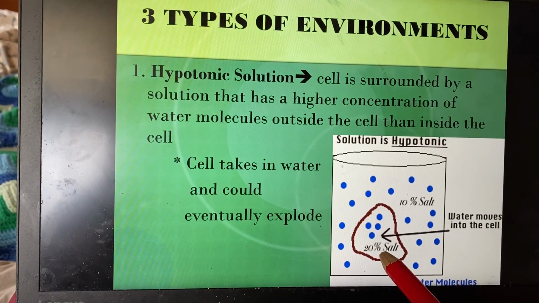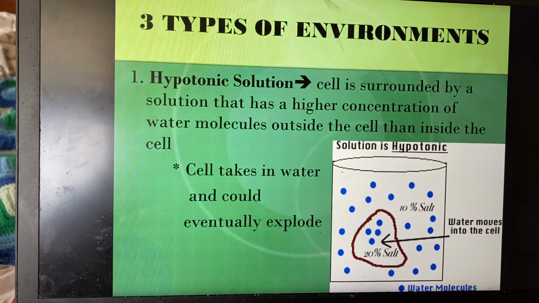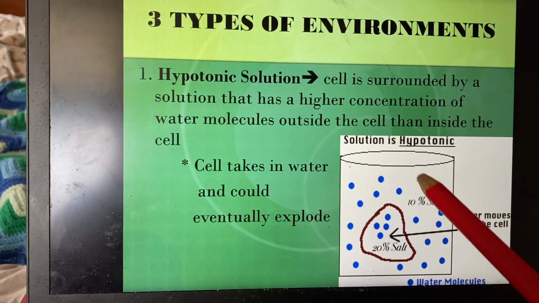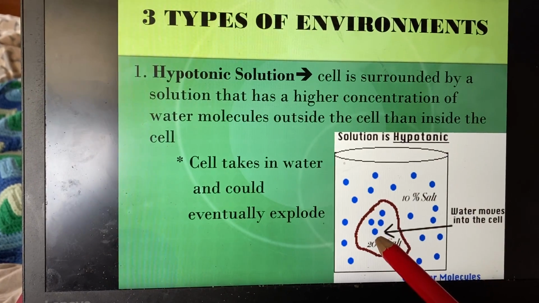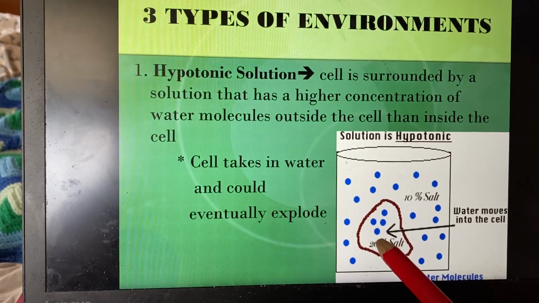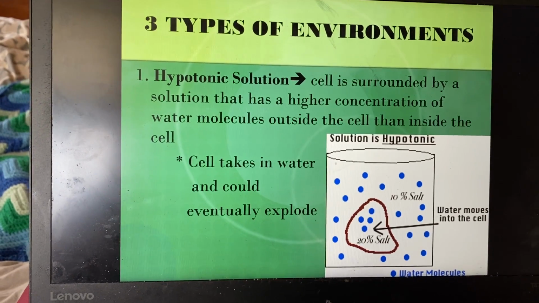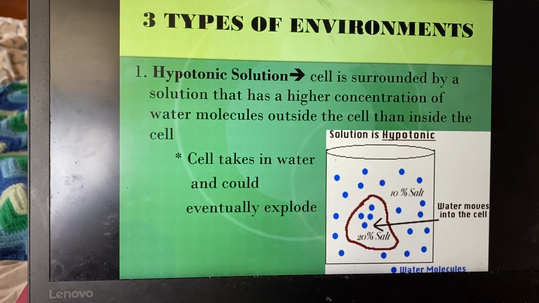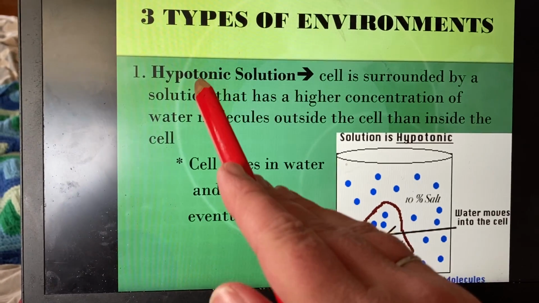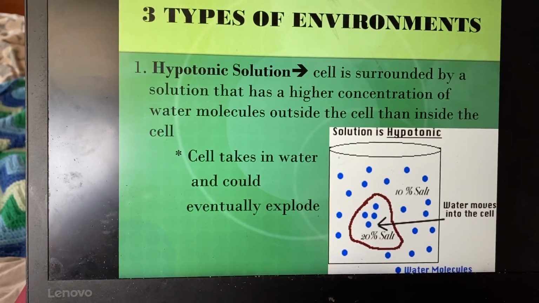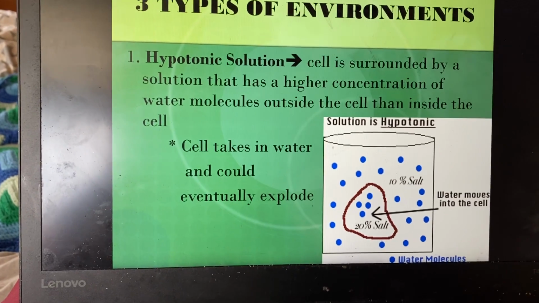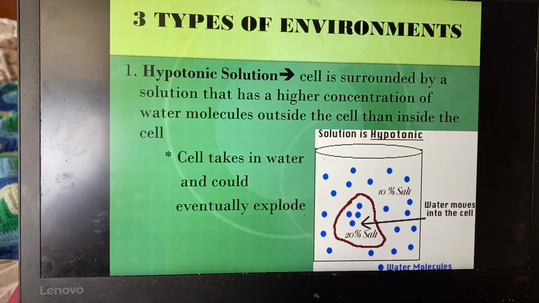Inside is 20% salt, so it's 80% water. There's more water on the outside than the inside, so the water is going to move in. And when the water moves in, the cell gets really, really fat, like a hippo. Hippos are fat. So hypo. Sometimes the cell can explode when this happens.